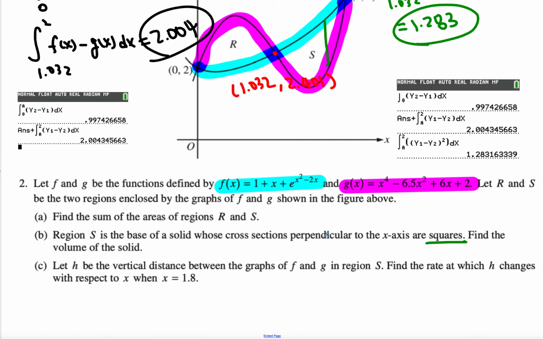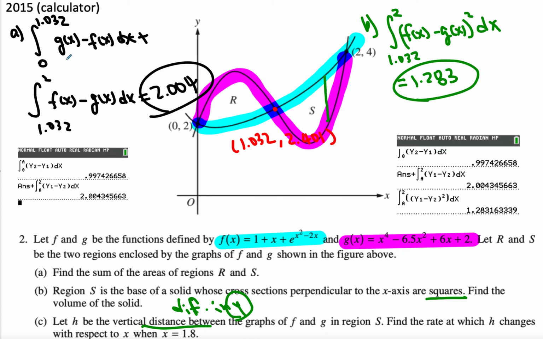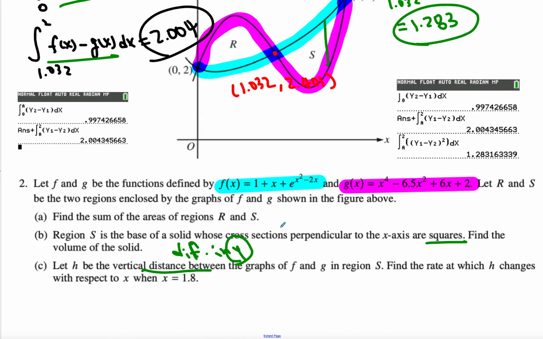Let's see part C. Let h be the vertical distance between f and g. Vertical distance simply means difference in y values, which we already have done earlier, here and then here, in fact, in region S. So that means we're just looking at the second portion here. Find the rate at which h is changing with respect to x when x equals 1.8.